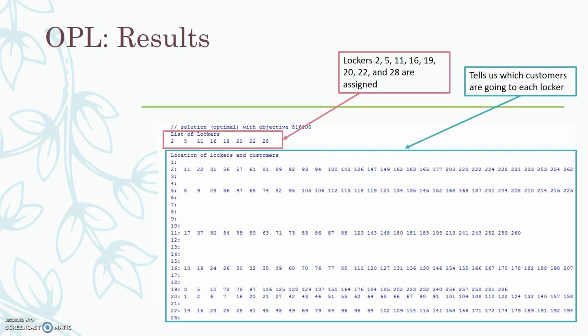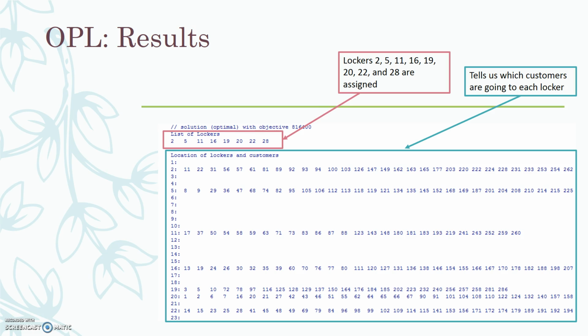So here on this slide are the results of my OPL model. In the pink is the answer for the number of lockers that are actually used. So lockers 2, 5, 11, 16, 19, 20, 22, and 28 are used. And then in the blue, this again is just a small picture because the whole answer wouldn't fit on here.